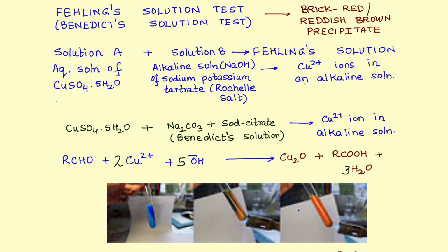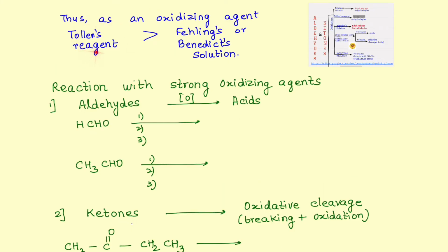Of course, Tollens reagent is stronger. Although both of them are in the category of mild oxidizing agents, Tollens reagent is stronger as compared to Fehling's or Benedict solution. That you can very easily make out from looking at the ions in the activity series. Copper is higher in the activity series compared to silver. Correct?